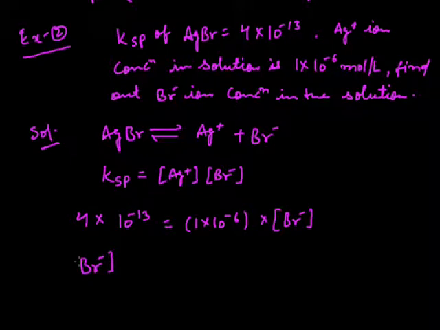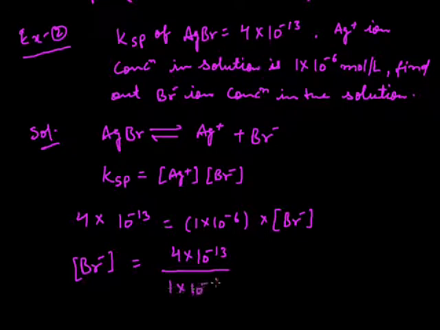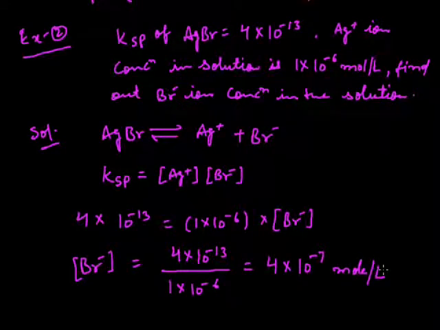Hence bromide ion concentration would be 4 into 10 raised to the power minus 7 moles per liter.